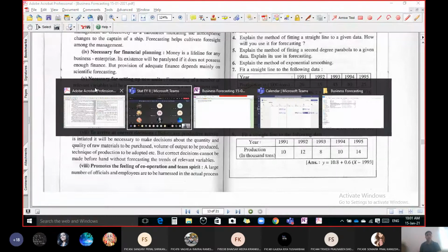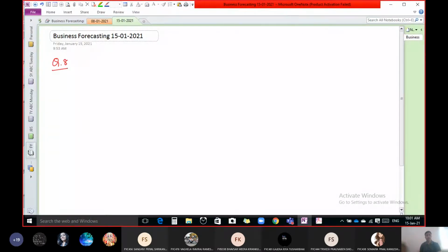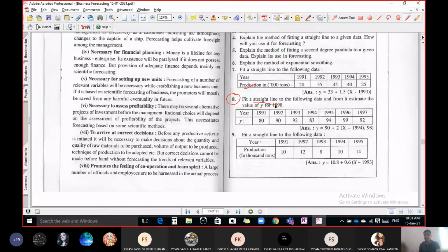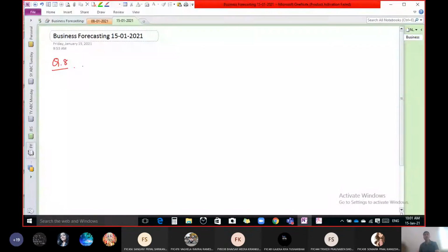Question number 8. It is given that fit a straight line. So here you have to use the method which is known as least square method. So how to write the answer?